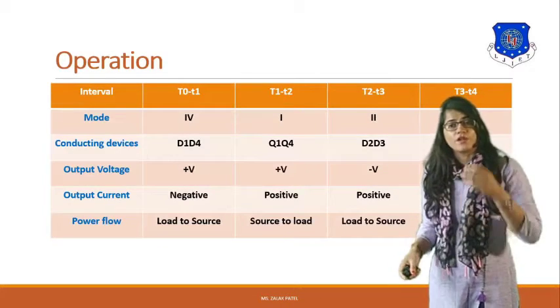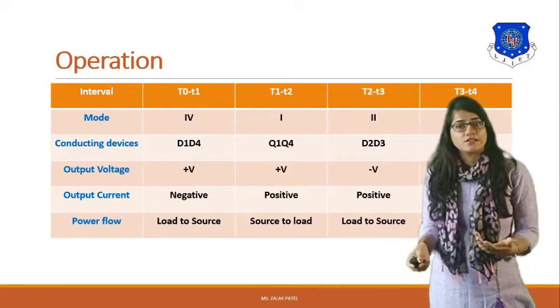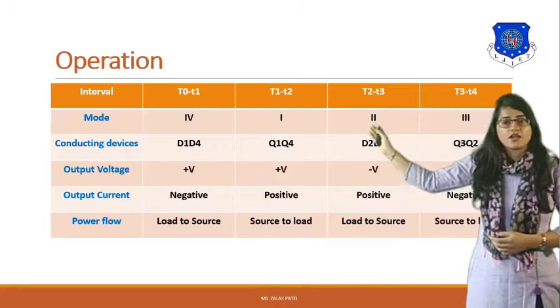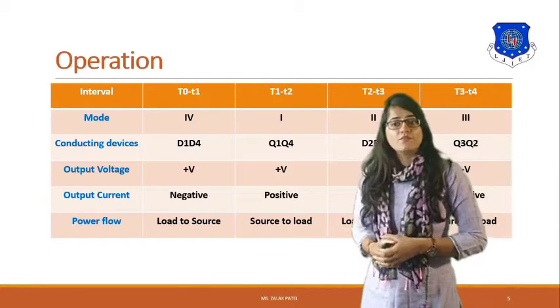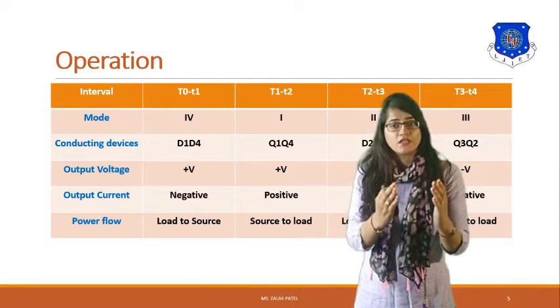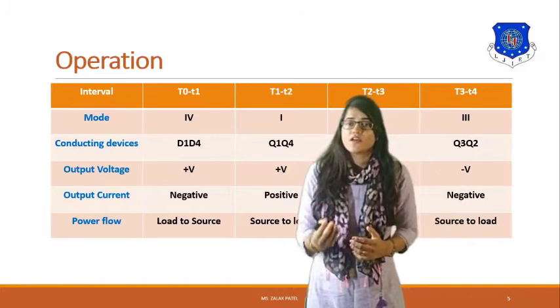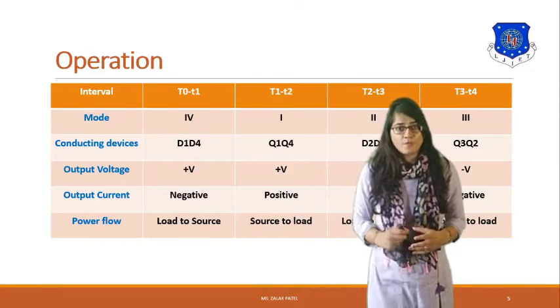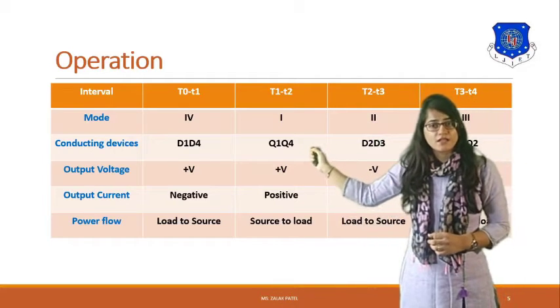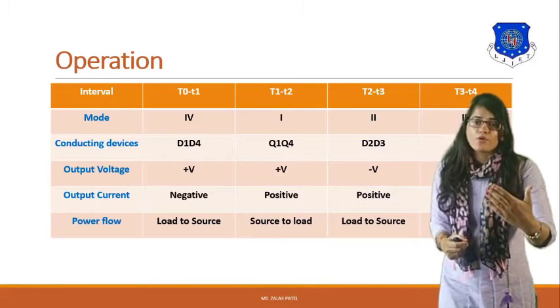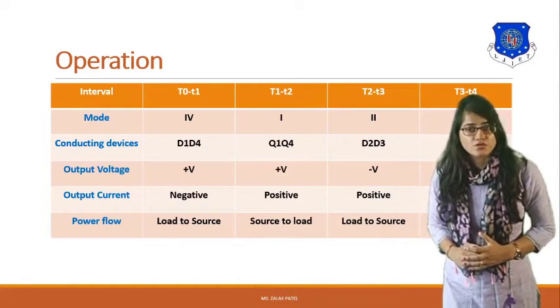Now we can understand the operation by this step table. It can be operated in 4 different modes, depending on the conduction of transistors as well as the conduction of diodes. When the transistors Q1 and Q4 start conducting, the positive voltage appears across the load.